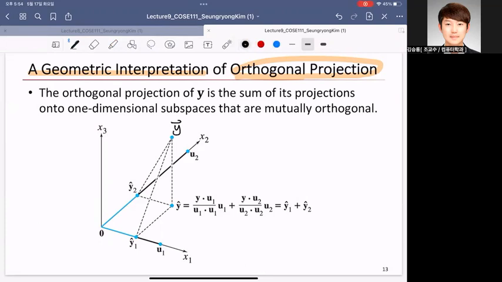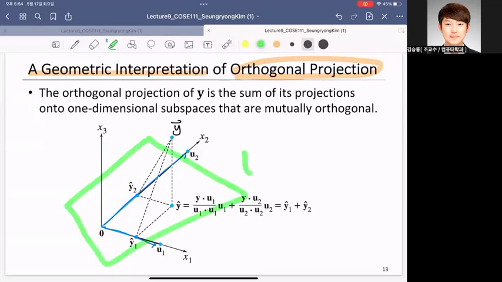We have a vector y here, and we have a vector u, and u1 and u2, something like this. Then, what is the meaning of the orthogonal projection? So, in other words, let's suppose that we have a subspace W spanned by u1 and u2.